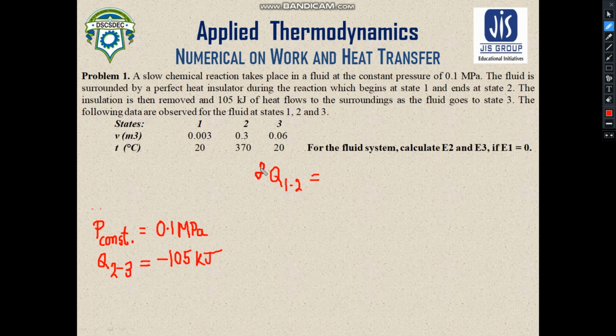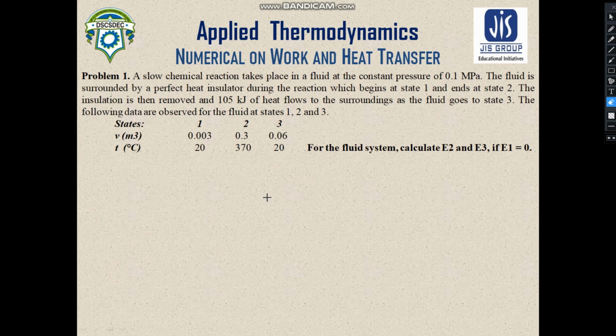So dq is equal to dE plus dW. Okay, so this is for process 1 to 2.